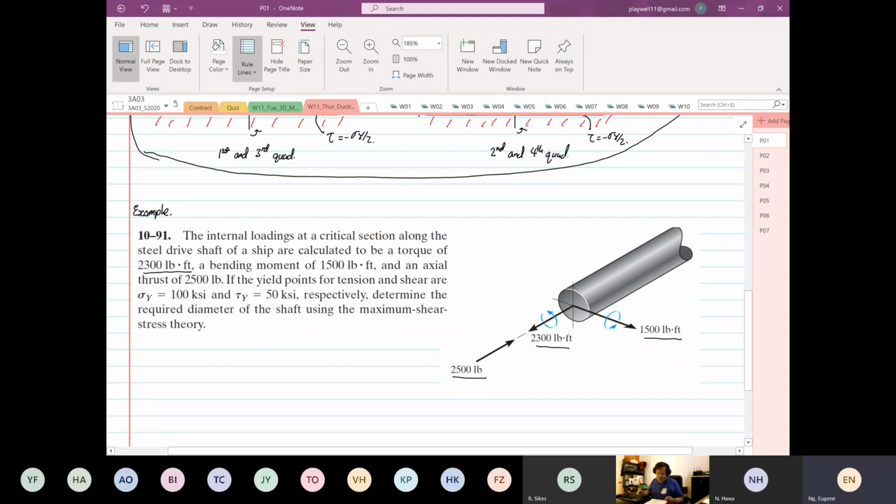Okay, so that is given. So now, the yield point for tension is at 100 ksi, and we also have a yield in shear, which they were very kind to us to calculate: the yield in shear is 50 ksi.